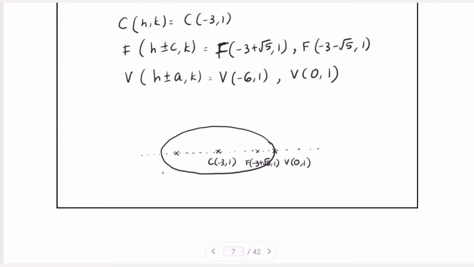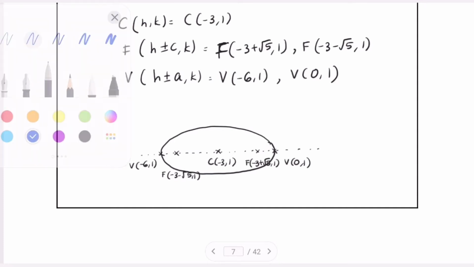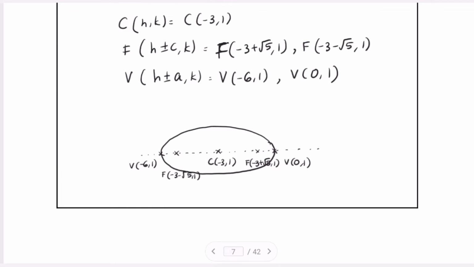Repeat the same process over here. It's (-3 minus root 5, 1). And the vertex over here will be (-6, 1). Don't forget to sketch or draw your axes. So this will be your y-axis, and this will be your x-axis. So here is your ellipse.